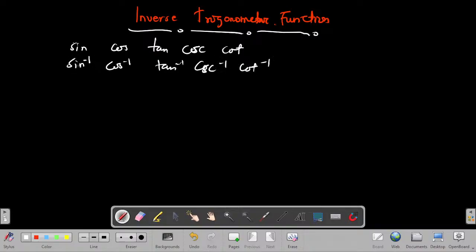This has a special name called arc sine, arc cos, arc tan, arc cosec, and arc cotangent or arc cot. So when you see arc sine in calculus, you are trying to say sine inverse.